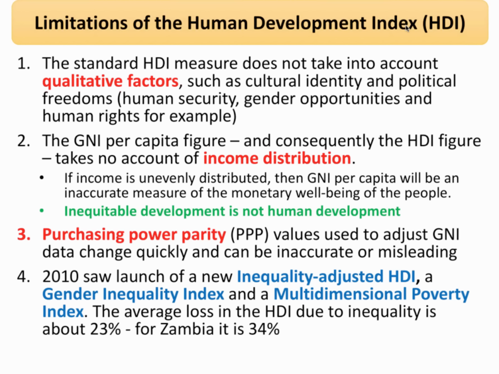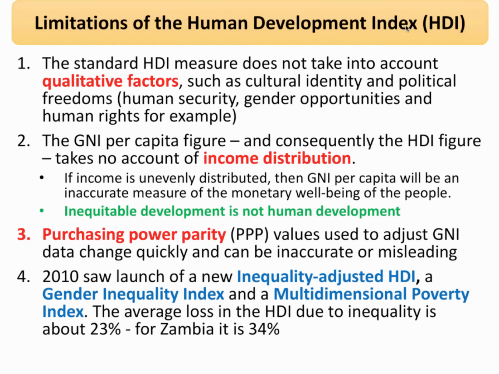Just while we're on the HDI, it's worth revising perhaps for a minute or two some of the limitations of the Human Development Index. So hopefully all of you are familiar with what the HDI seeks to measure. It's essentially a composite indicator of living standards and of development progress, basic things, education, health, and income.